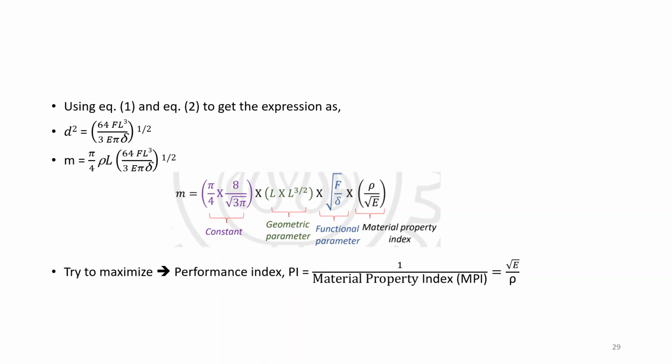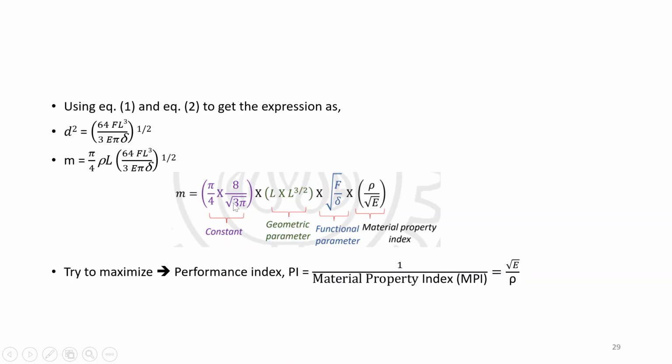Next, using these two equations, you can write d square as 64 F L cube upon 3E pi sigma times delta, whole to the power half. So you can write m as pi upon 4 rho L times this same expression. So you can segregate these various properties.